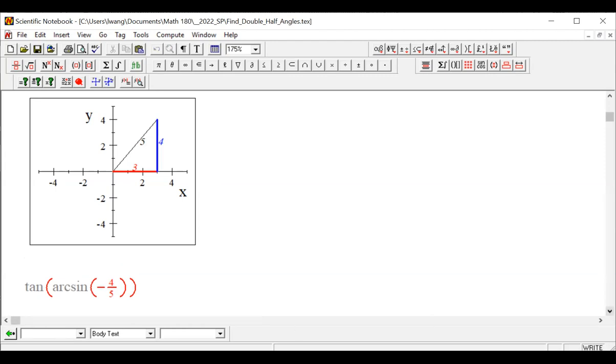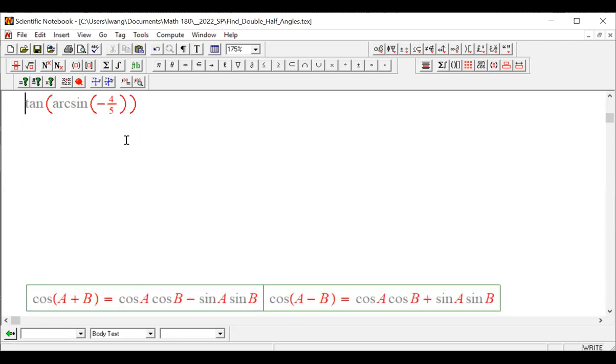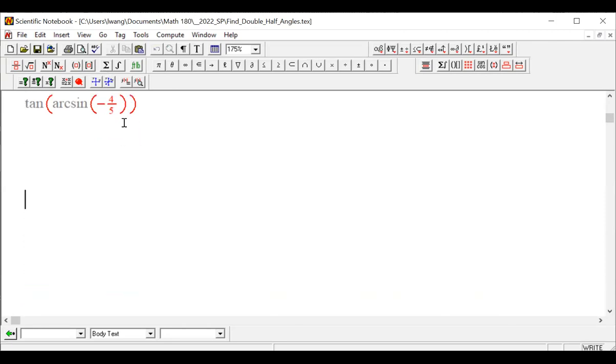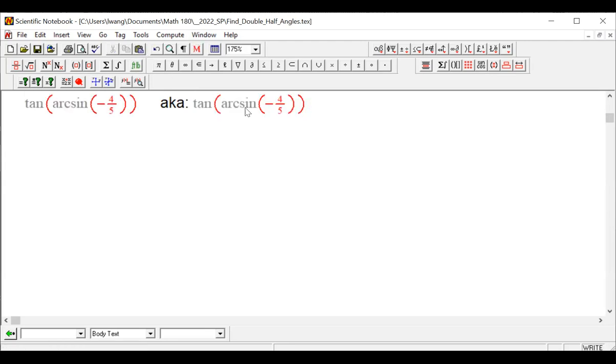For this question, we understand that we want to find the exact value. By the way, I'm going to introduce an AKA notation. In your future text, you might not see arc sine.